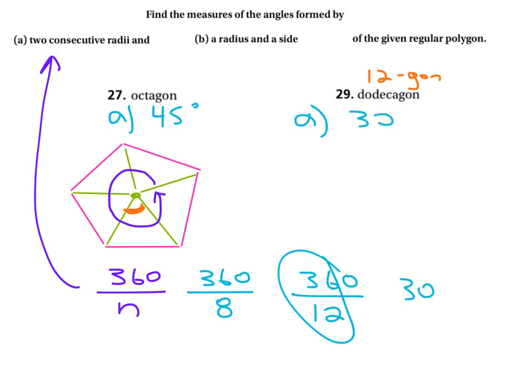So then you get 30 degrees at each angle for a dodecagon. You're taking the 360 degrees and dividing it by the number of sides, because the number of sides is equal to the number of triangles that are formed by connecting that center to the vertices with radii. Okay, so we found the answer for A for both of those.